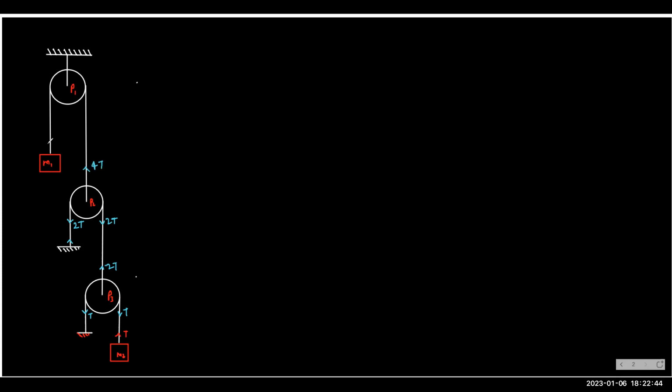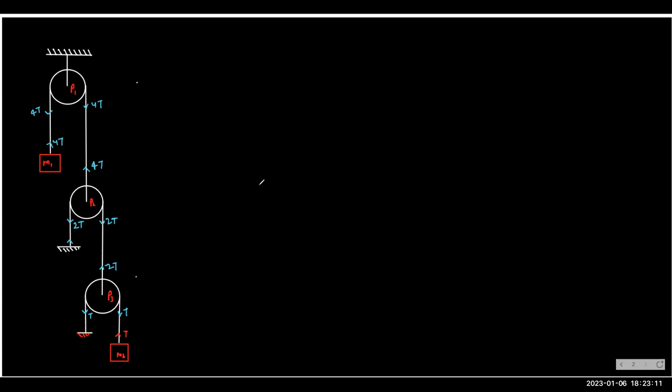And then the same will come to M1. Understood? So this is like a nomenclature. If you start with T at the bottom, you can keep on multiplying the tension till you reach the top.